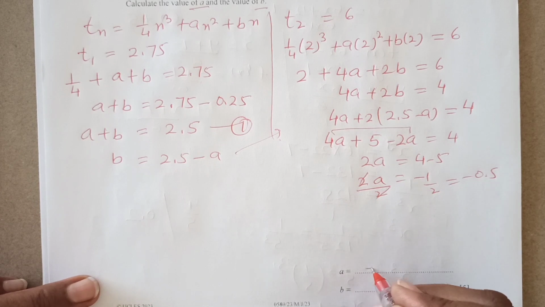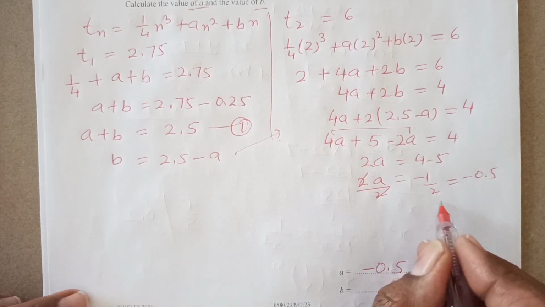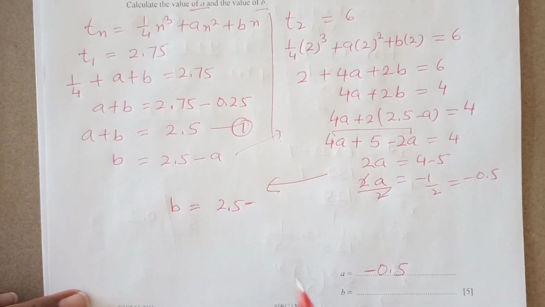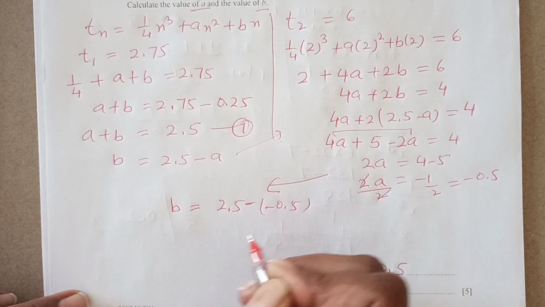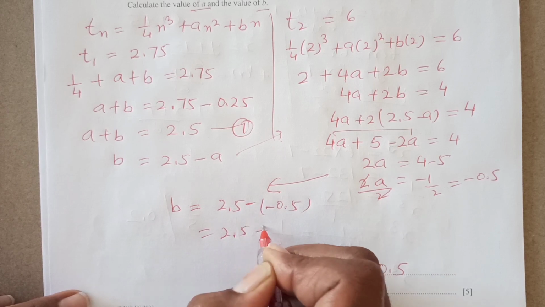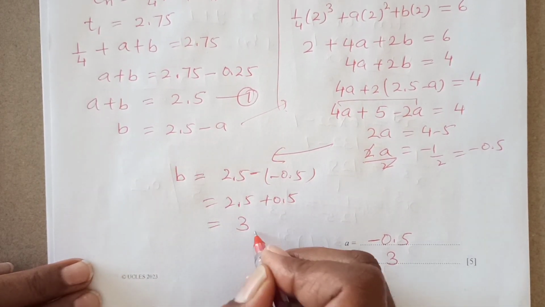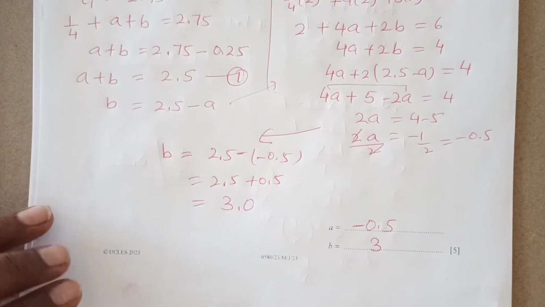Right? A is negative 0.5. Now you substitute this value here. So B is equal to 2.5 minus A. A is negative 0.5, so 2.5 plus 0.5 is 3.0, that is 3. Right?